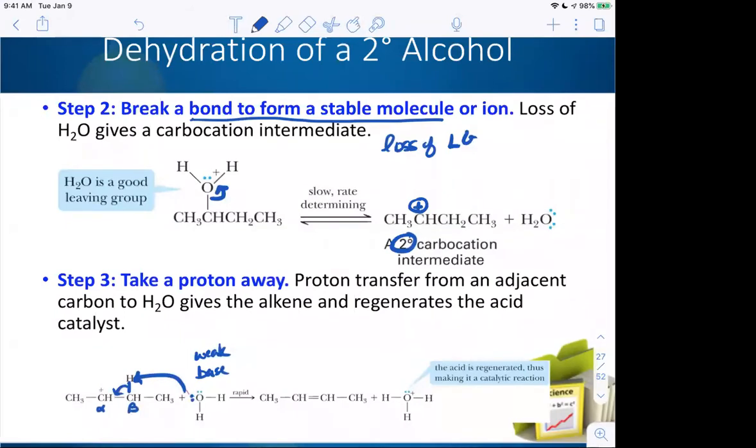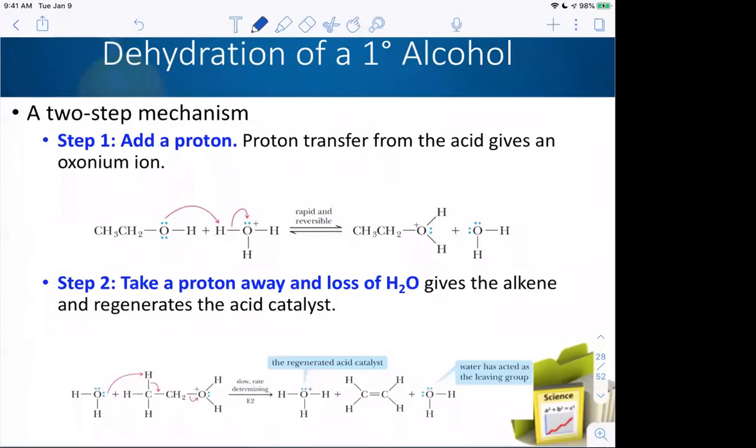So what I'm going to do is form this new bond, which is that double bond. And then I start off with my hydronium ion, which is regenerated. So this is actually a catalytic reaction. I only need a small amount of acid to keep this reaction propagating.